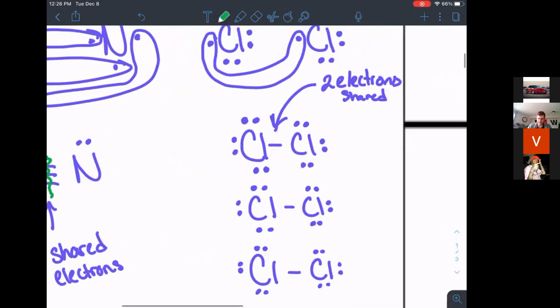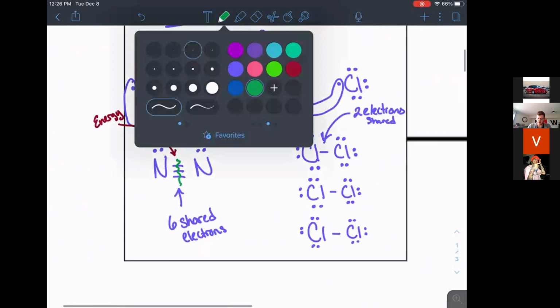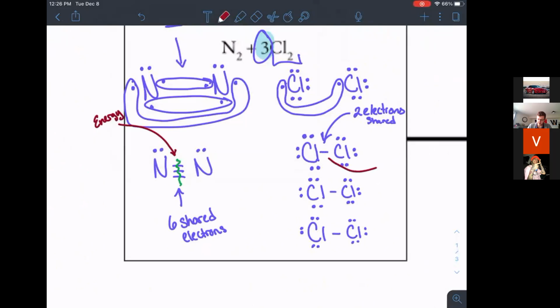And so if we do that for each of our molecules, I bring in energy here, I bring in energy here, and I bring in energy here.